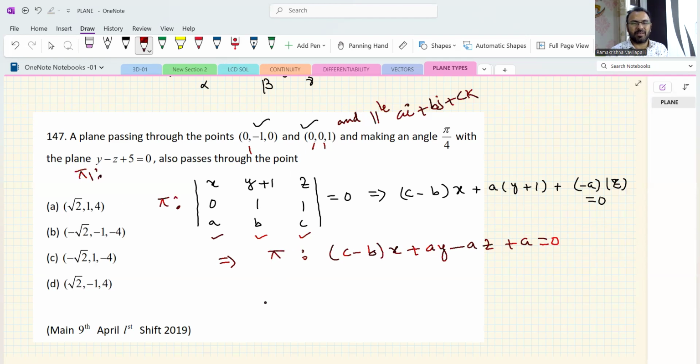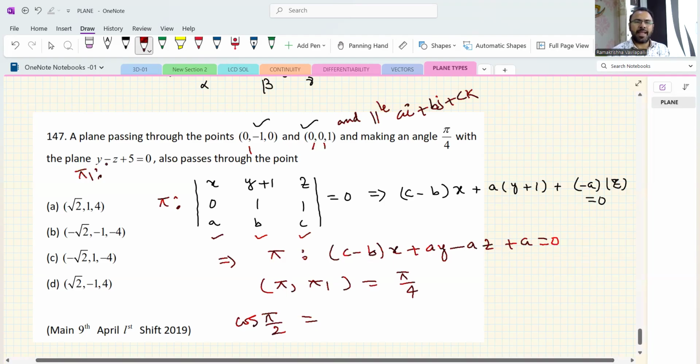Assume this is pi 1. The angle between pi and pi 1 is given as pi by 4. Therefore, the angle between the planes is nothing but the angle between their normals. So here the normal vector of plane pi is c minus b into i plus aj minus ak.